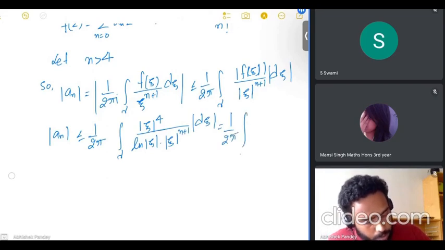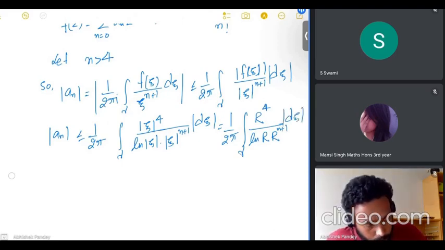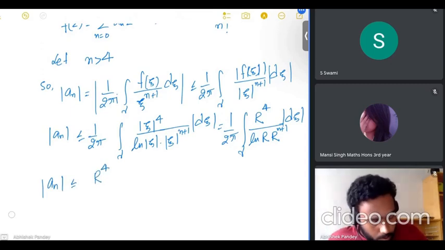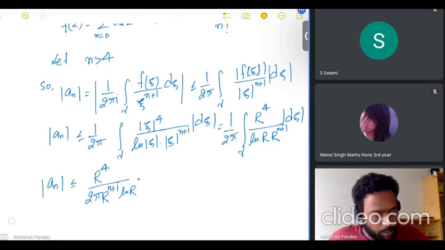So mod xi on this curve gamma is nothing but r, giving r to the power 4 upon r to the power n plus 1 ln r, into 1 upon 2 pi into 2 pi r.